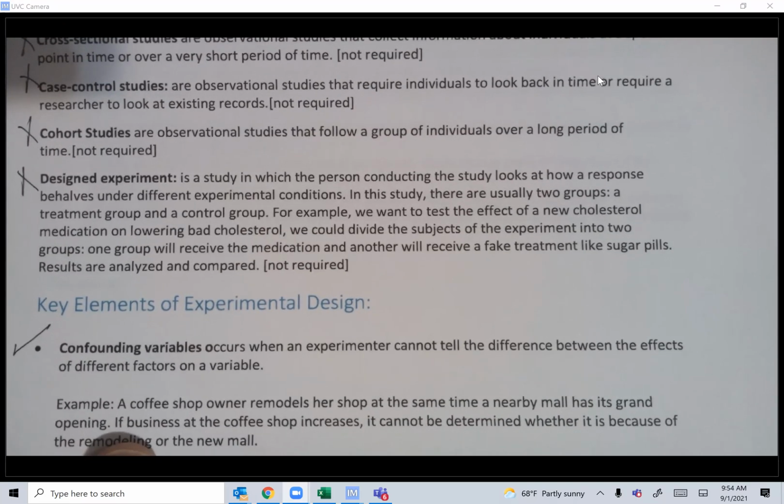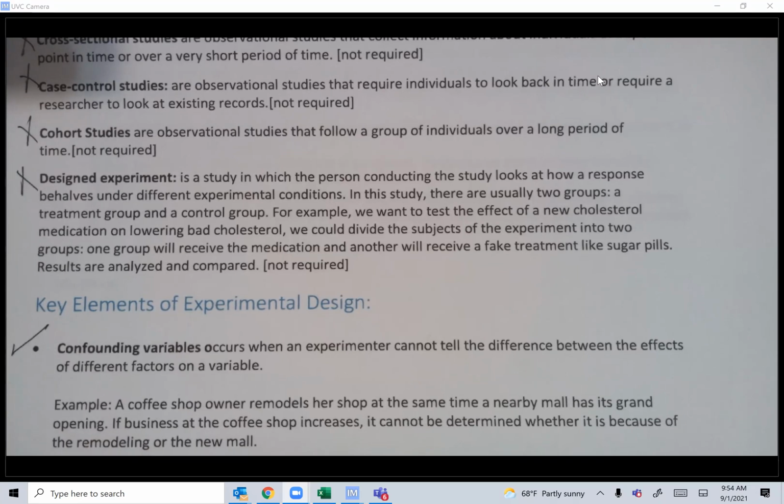A coffee shop owner remodels her shop at the same time a nearby mall has its grand opening. If business at the coffee shop increases, it cannot be determined, guys, whether the increase is due to the remodeling of the shop or because the new mall has opened and there is more traffic now in the area.